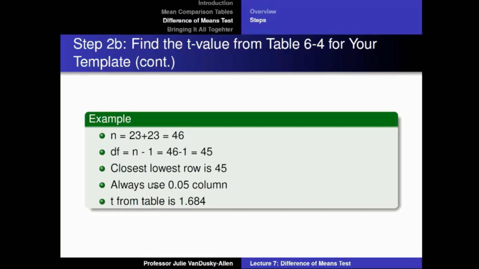The next closest lowest one is 40. Next, use the 0.05 column. The t-value from table 6.4 in this lecture that is associated with the 40 row and the 0.05 column is 1.684.